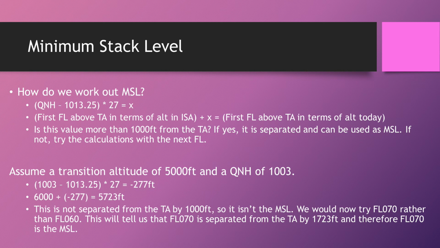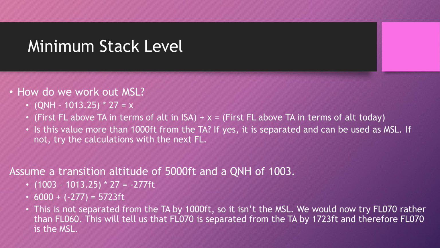Sounds very confusing, but it's not. I'm not going to explain that until we get to the next bit, then we can do it for example. You add x to that, and it will give you the first flight level above the transition altitude in terms of altitude today. With the value you've just worked out in that second formula, you compare it to the transition altitude. If there is a gap of more than 1,000 feet, then the level you've put into the formula is MSL. If it's less, it's not.